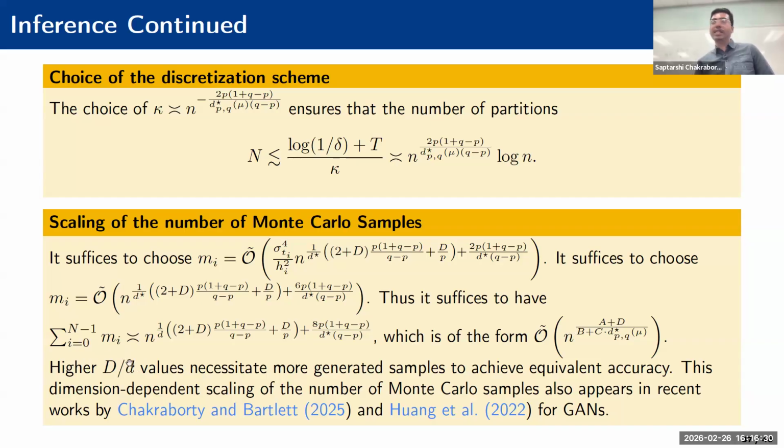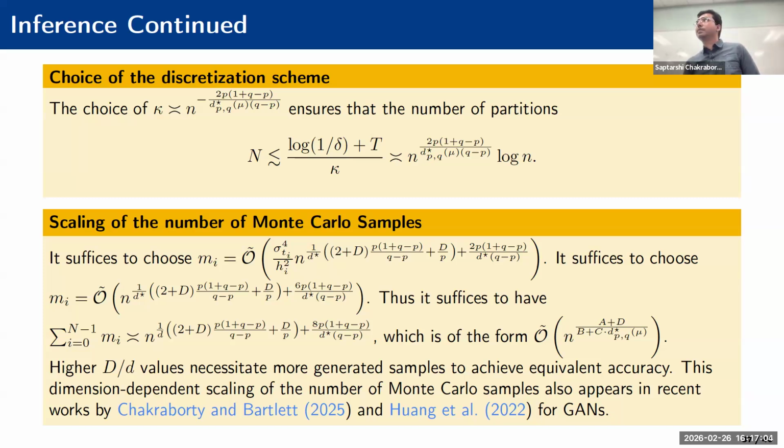So if you have a needle in a haystack problem, a very low dimensional data distribution in a very high dimensional space, you need a much larger number of Monte Carlo samples compared to otherwise. This dependence is quite bad, but at the same time, it appears in many other recent works as well. So I don't know if this dependence can be made better or not.